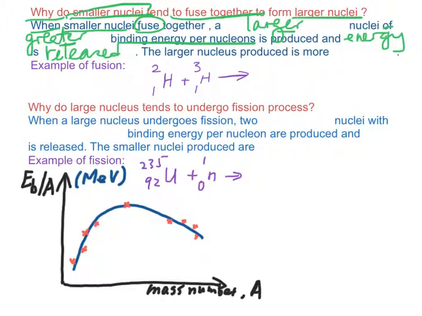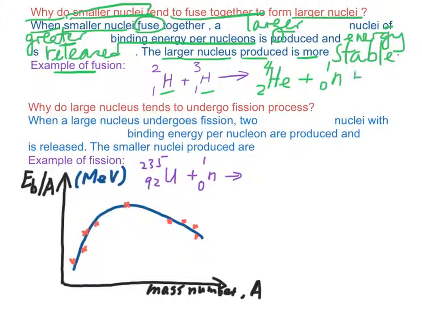In this case, the larger nucleus produced is more stable. An example of fusion is hydrogen-2 fused with hydrogen-3 to produce a helium-4 nucleus with the emission of a neutron and energy.